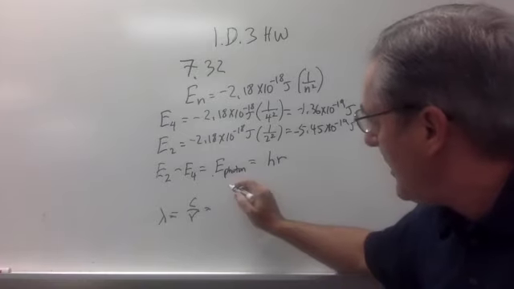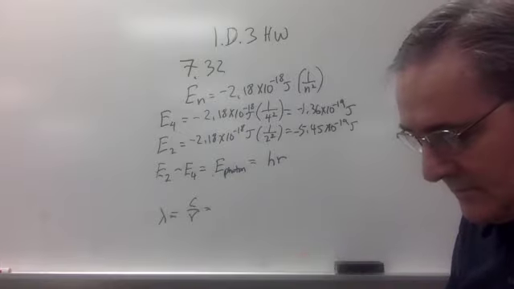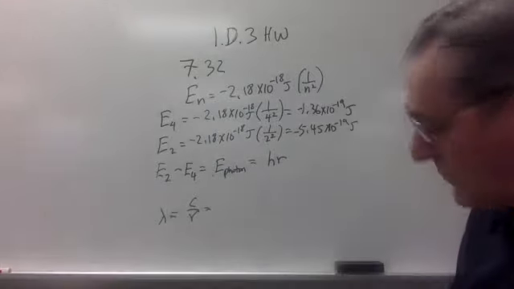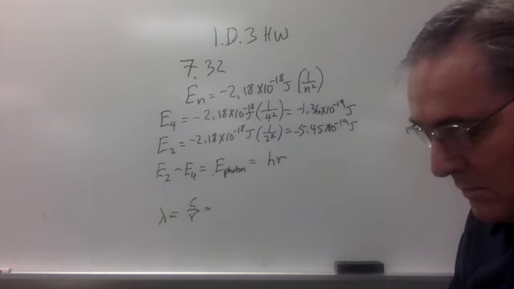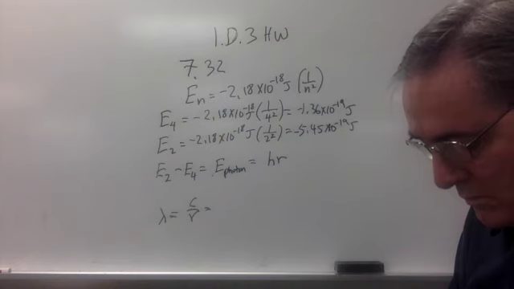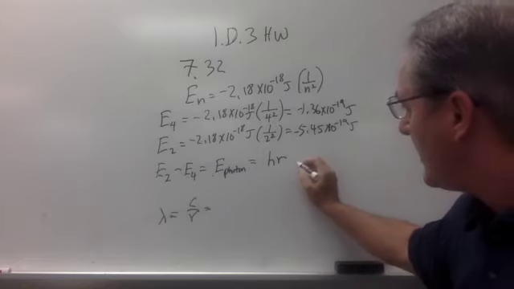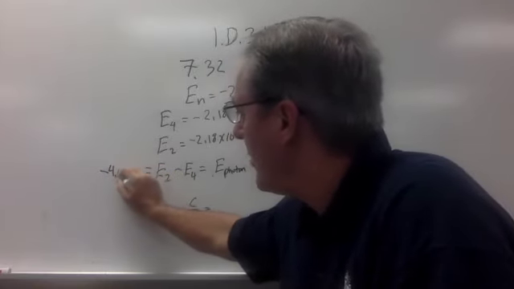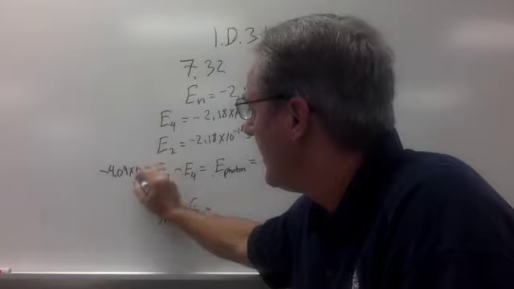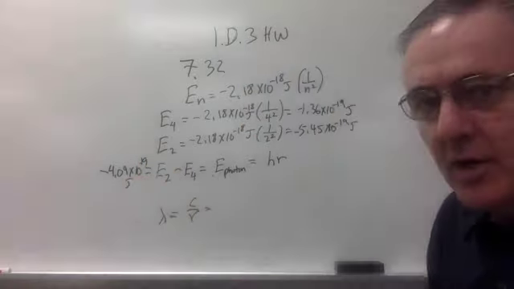Now we are going to be taking the difference in those two numbers. And we get that the difference is negative 4.09 times 10 to the minus 19 joules. Now let's talk about the negative sign.